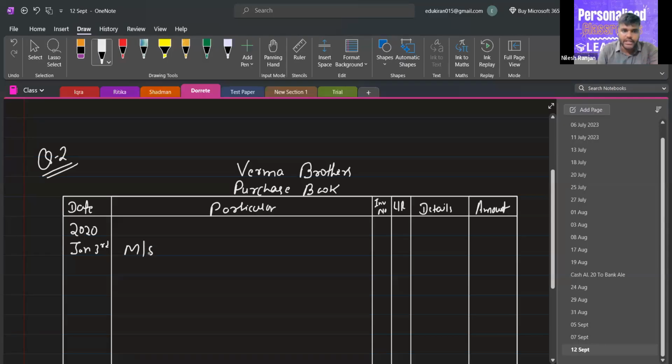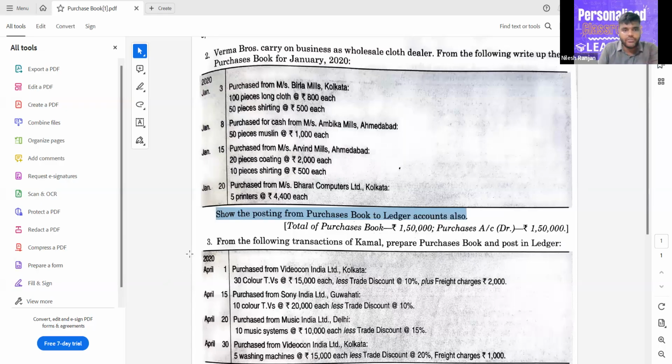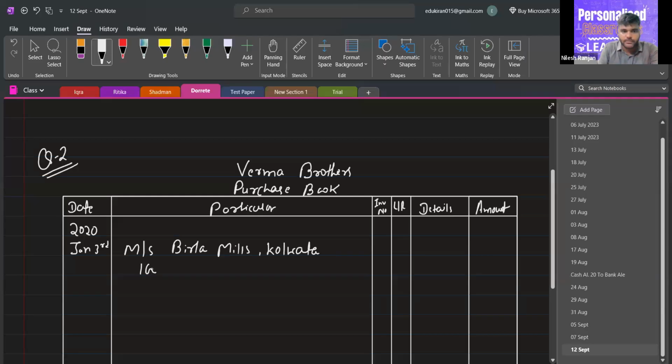So we will write the name of the supplier and then the item name, that is long cloth, 100 pieces long cloth at the rate 800 each.